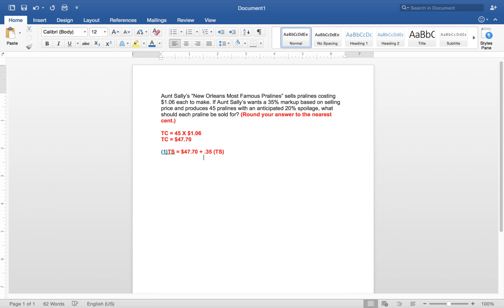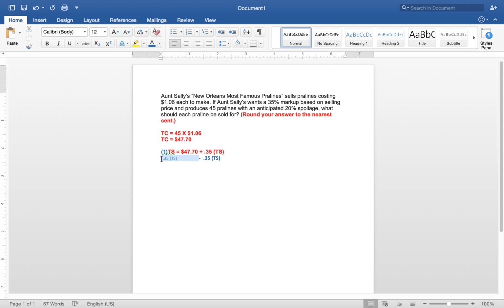Remember the old explanation: what you do to one side, you do to the other. So I'm going to subtract 0.35 TS from this side. And yes, that is a subtraction sign. I'm going to subtract it from the right, and I'm also going to subtract it from the left.